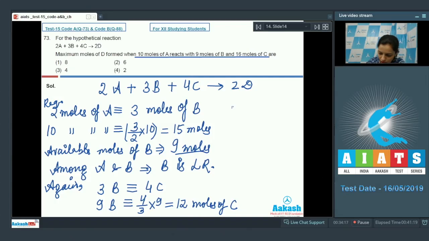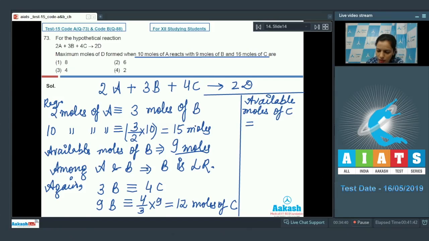Available moles of C, I'm just writing here. Those are 16 moles. So now on the basis of this, B is finally the limiting reagent that we obtained.